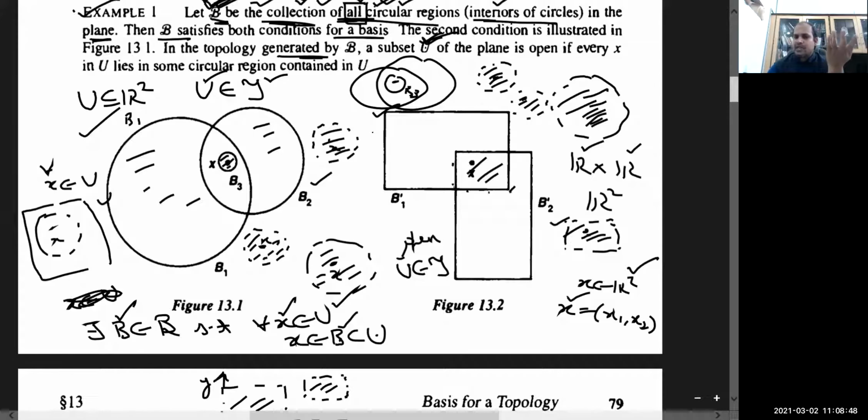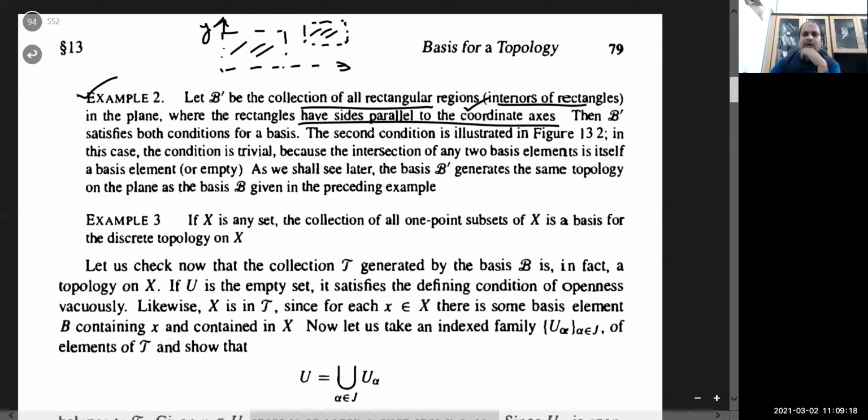But for a basis I need to show this around each x. Whenever there is a basis member B1 from the collection B which contains this x, and there is another member B2 as shown in this diagram, then one can always have a region B3 which is contained in B1 intersection B2. Thus I can say that not only the collection of all circular regions, but in fact the collection of all open rectangular regions, the interiors of rectangles whose sides are parallel to the coordinate axes, is going to form a basis.